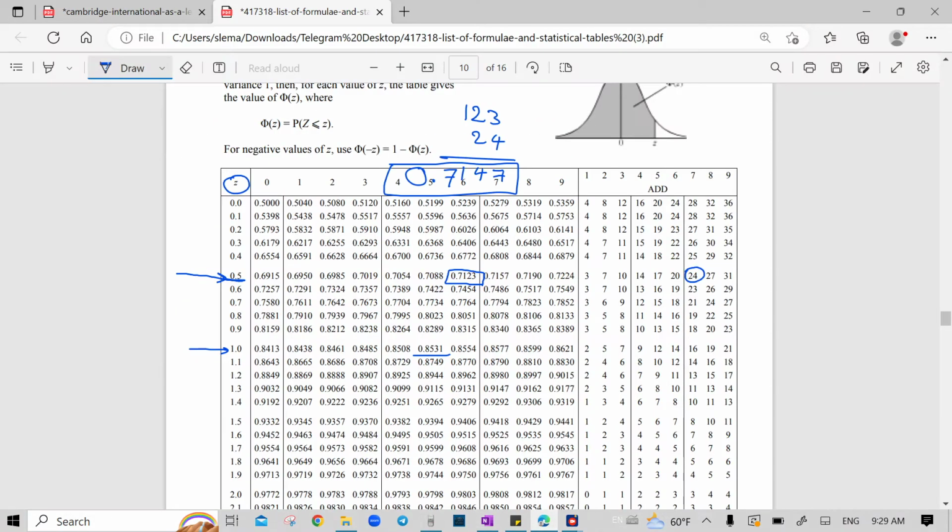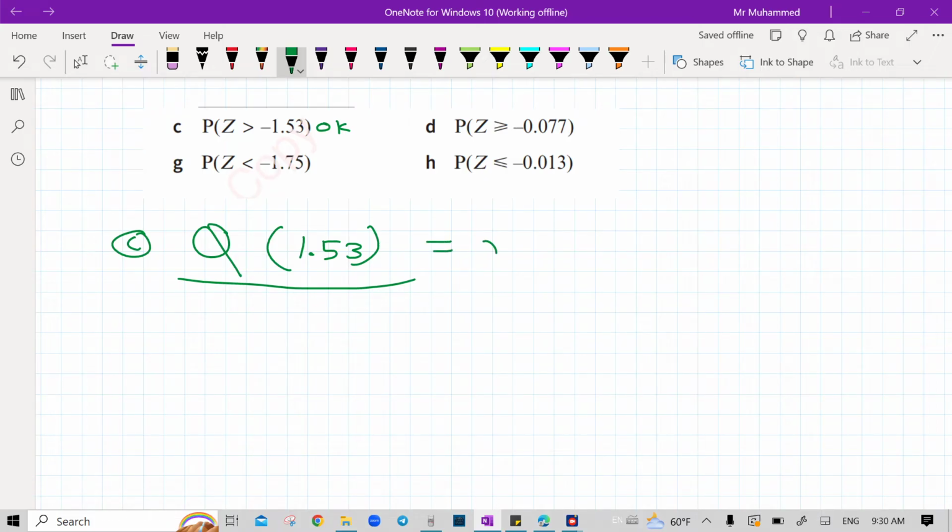Then 3 is in the add part. This 7 should be added to the last 3 digits. 531 plus 7 is 538. So the answer is 0.8538.